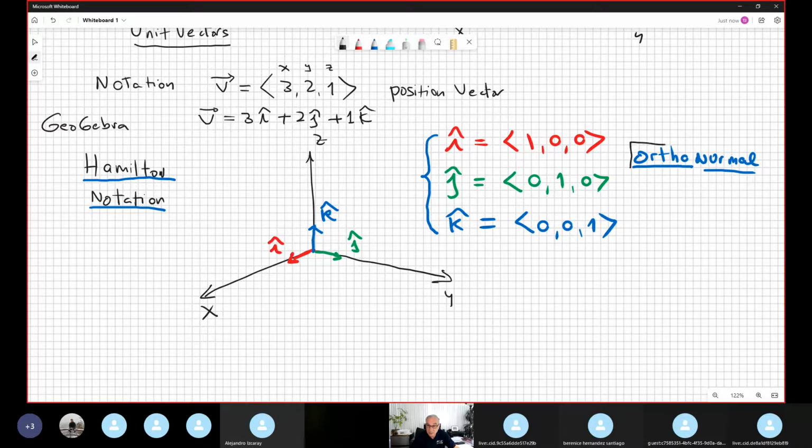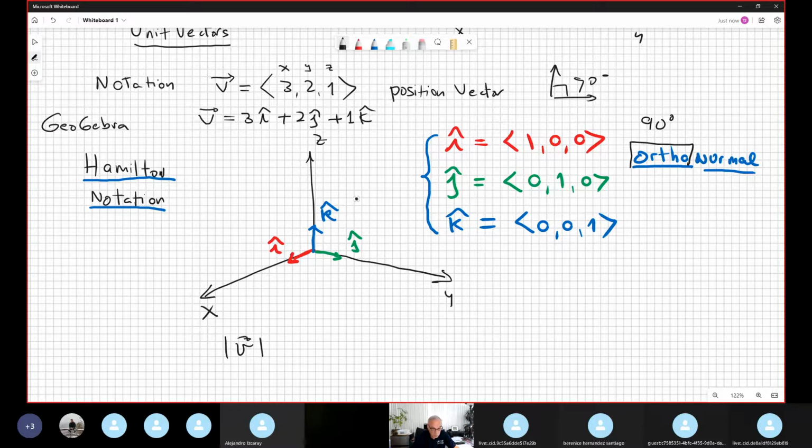Ortho is 90 degrees. When you see orthogonal in mathematics, it means that two vectors form 90 degrees. Orthogonal vectors. In this case, obviously, right? It's the corner of the origin here. And normal indicates that it is a univector. So now I want to anticipate the formula for the magnitude. By the way, magnitude is absolute value.